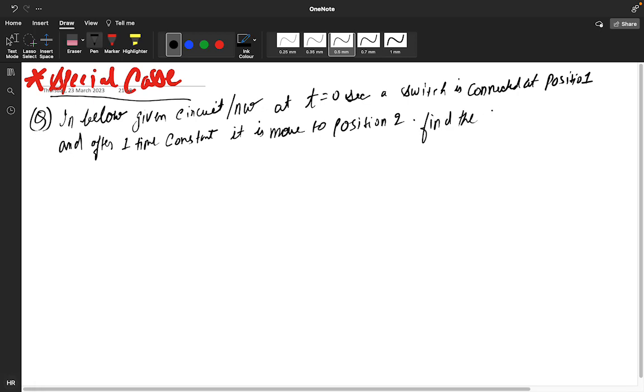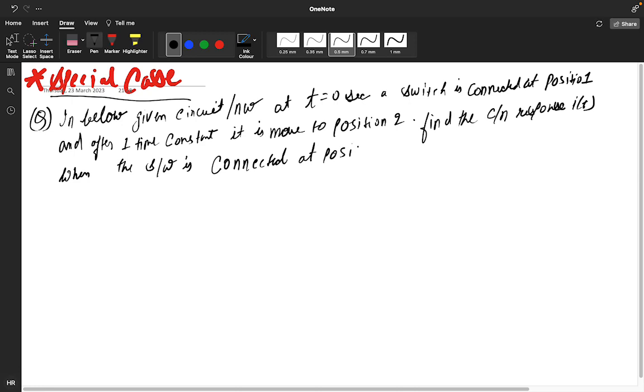You need to find the current response I of t when the switch is connected at position 2.